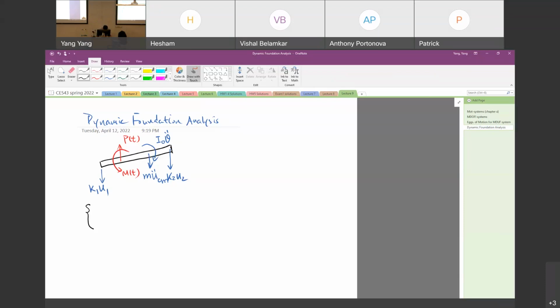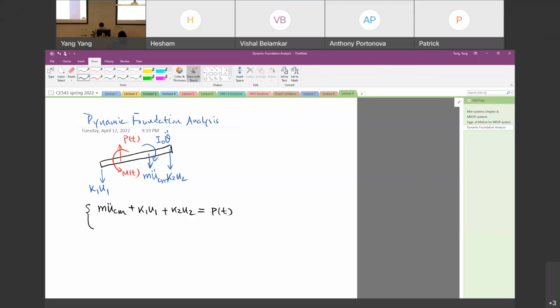M times the acceleration of the center of mass, plus K1U1 plus K2U2, equals P. Very good. That's the dynamic equilibrium in the y-axis, the vertical direction.